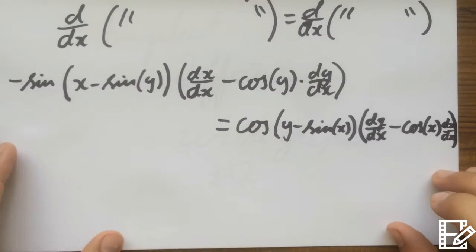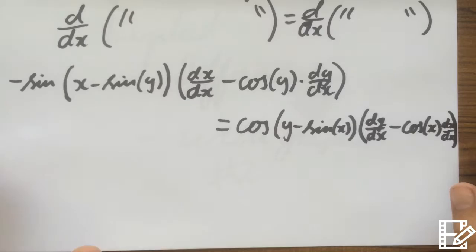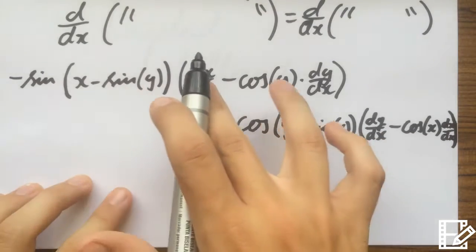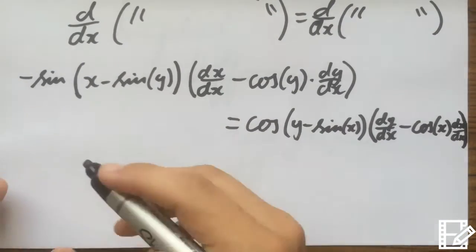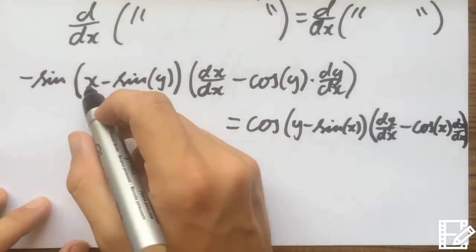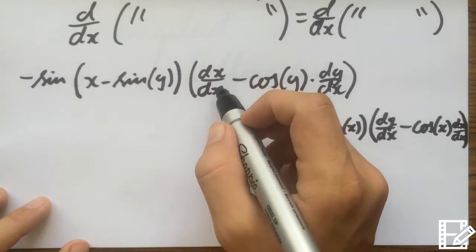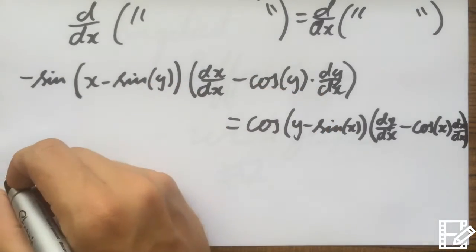Okay, now what we're going to do is expand this into this and this into this. So negative sine of this multiplied by dx on dx, that's 1, so it just stays the same.